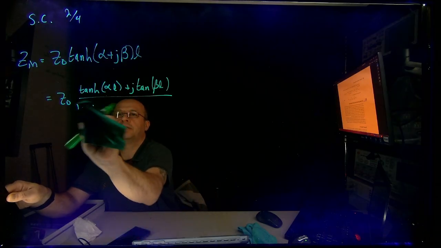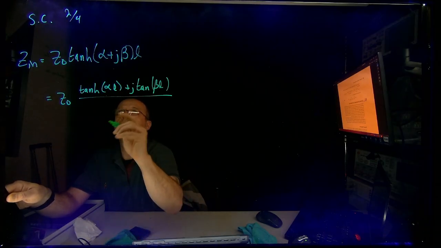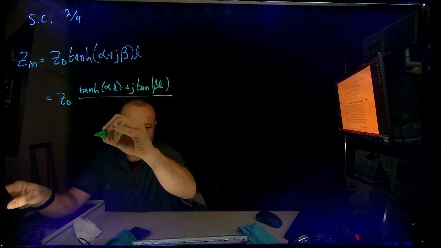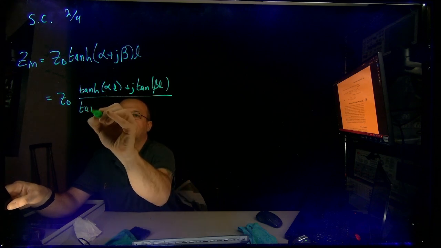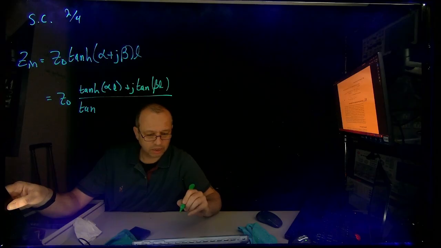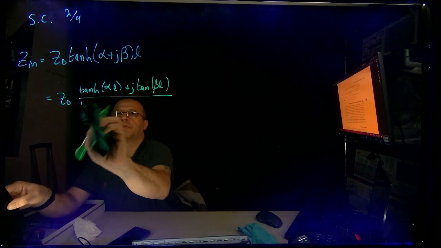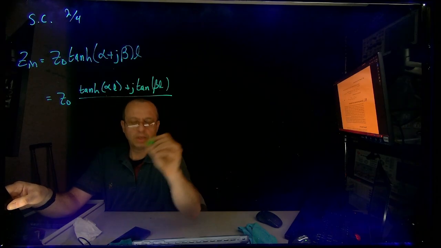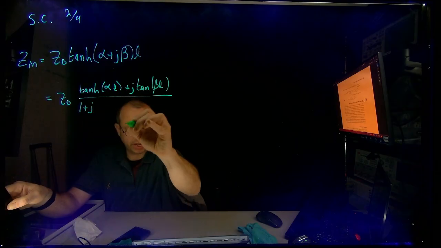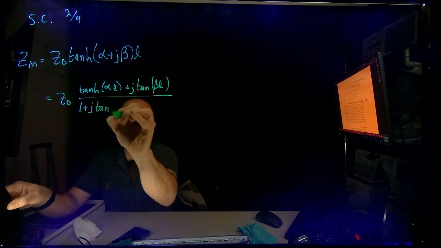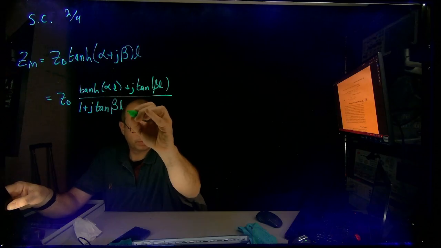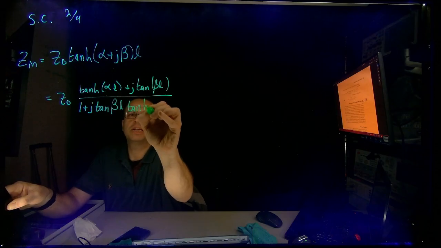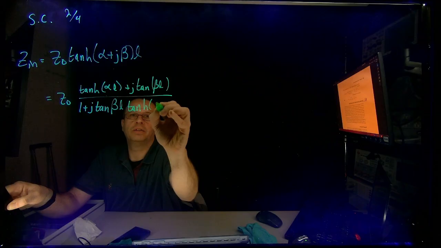No. That's series. All right, let's talk about this is a short circuit quarter wavelength. This is tangent. Oh, I did do it right. I was looking at the wrong part. I apologize. 1 plus j tangent beta L hyperbolic tangent alpha L.